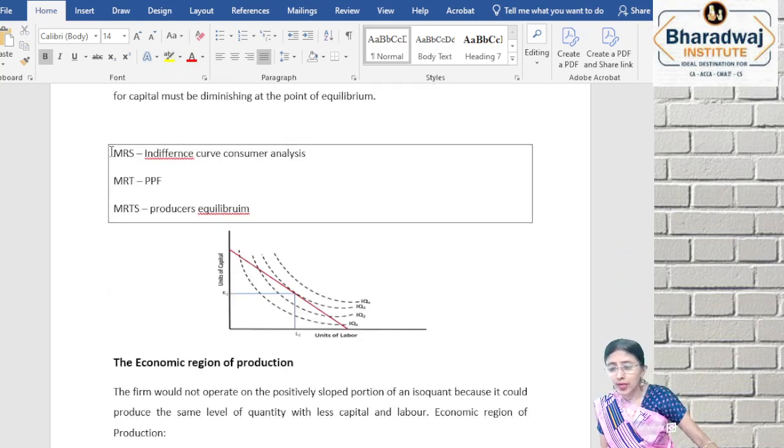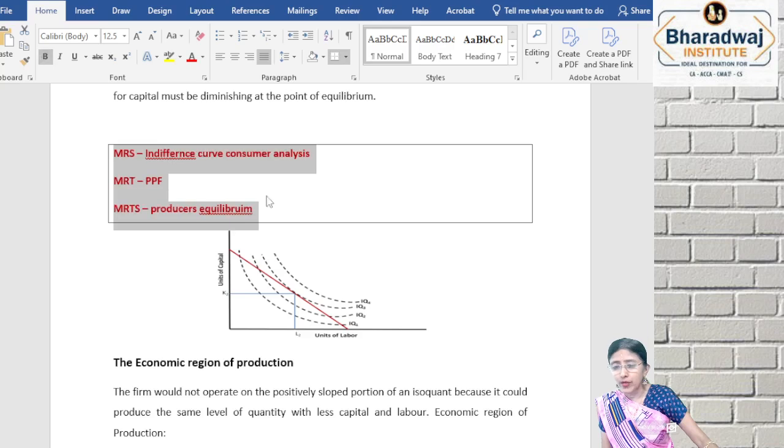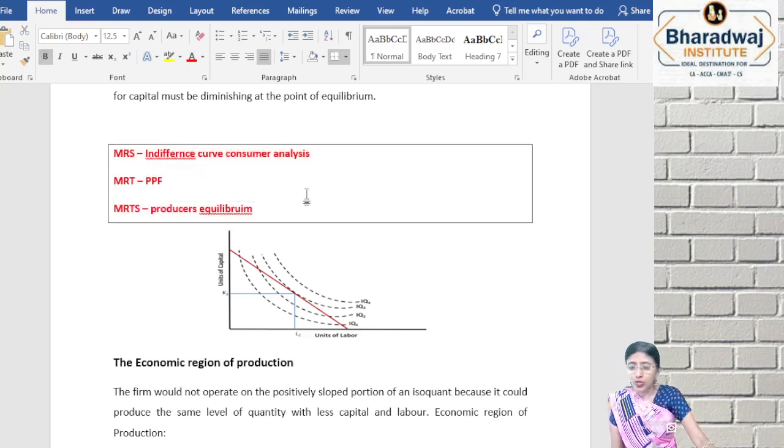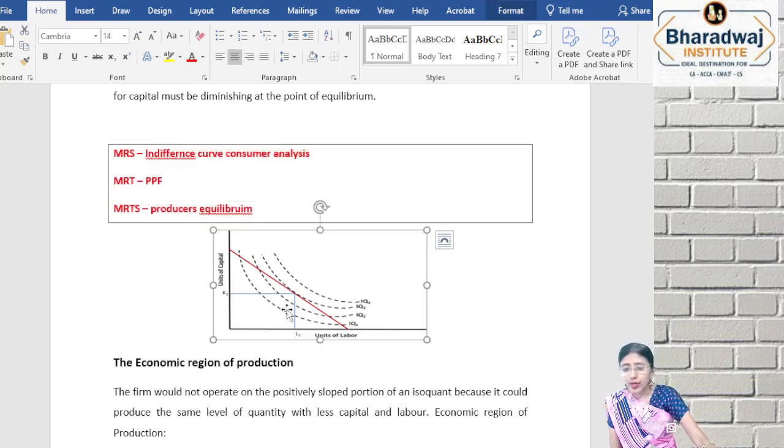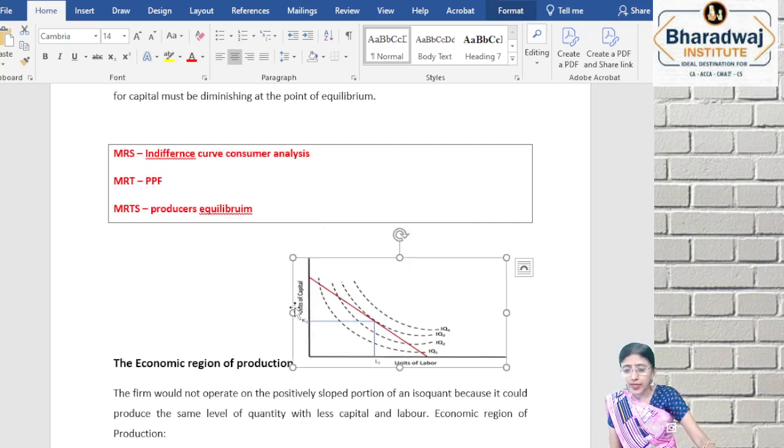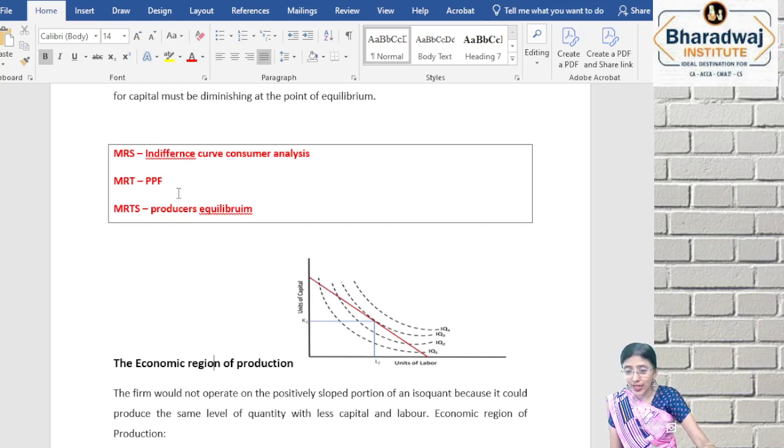And here mark this as very important. Where should I use MRS? Where should I use MRT? Where should I use MRTS? MRS in indifference curve analysis. MRT in production possibility frontier. MRTS, marginal rate of technical substitution, in producer's equilibrium.